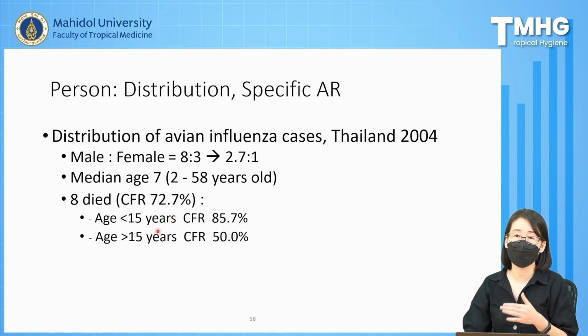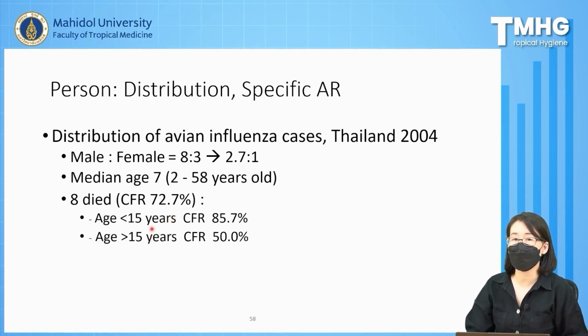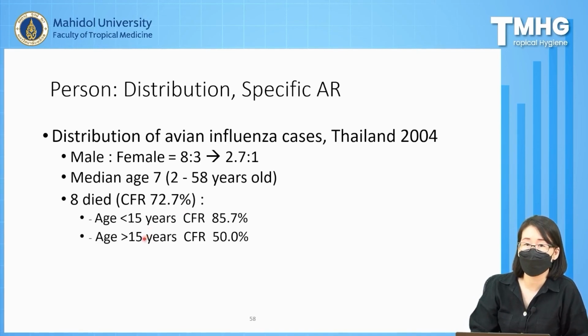But if we break it into two categories, in the younger age group it is actually 85%. In the older age group, you can see that it is less severe.